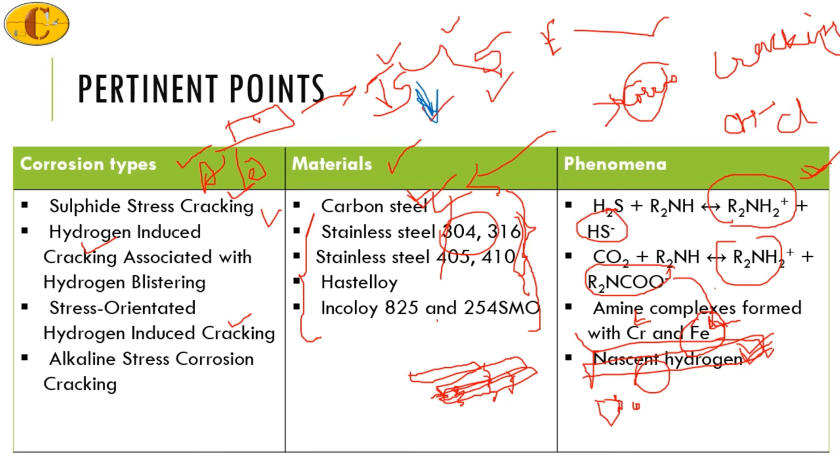When you want to select the alloy, you have to start from this stage, not from this stage. You have to start first from the phenomenon, the environment, because not all amine services, not all amine environments, are going to be exactly the same. So you have to start from this environment. Check which of these mechanisms are applicable in your particular application.